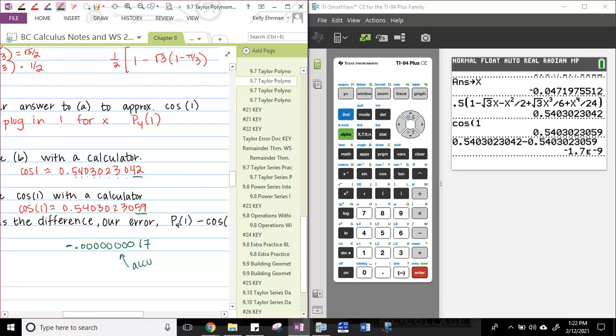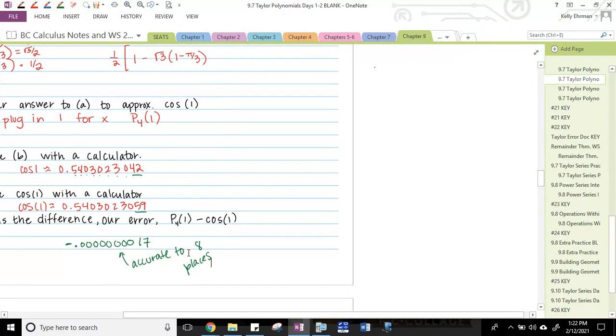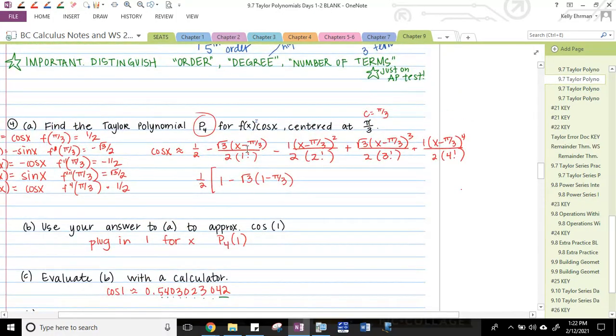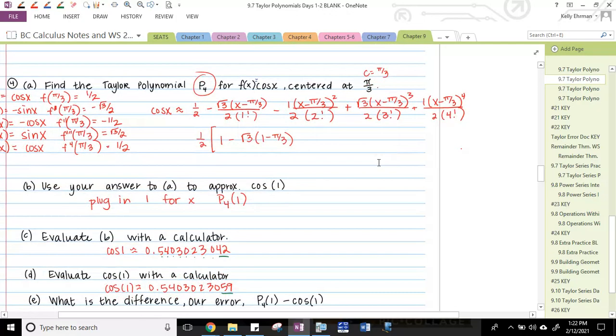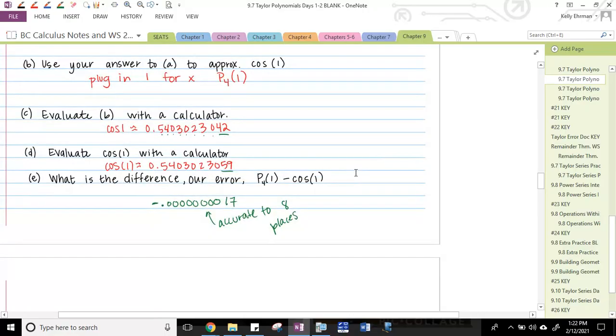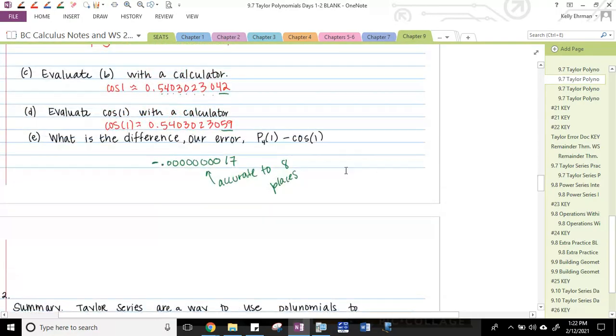Accurate to 8 places. So it's pretty amazing that just 1, 2, 3, 4, 5 terms of the polynomial can approximate cosine to 8 places with accuracy. That's pretty cool. That error, that difference, is something that we're going to be looking at in the next couple of days. All right, so that finishes day 1.